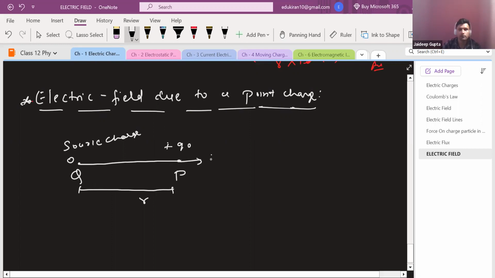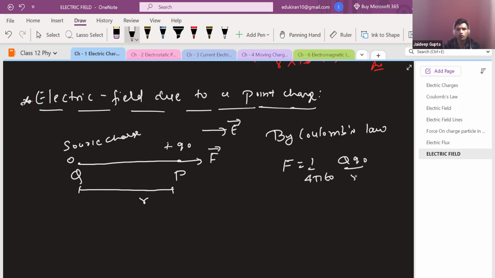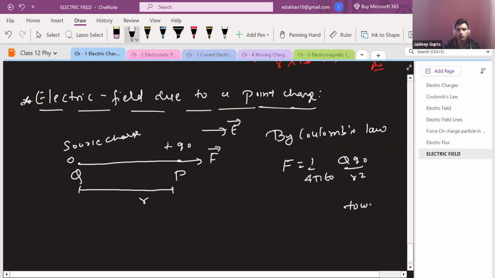Towards right. Okay. Now this is the force exerted on it. And the electric field will also have the same direction because it is away from the positive. So by Coulomb's law, force equals k Q q naught over r square, towards right.